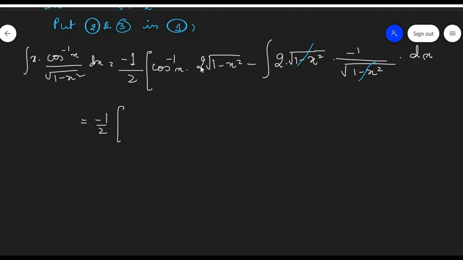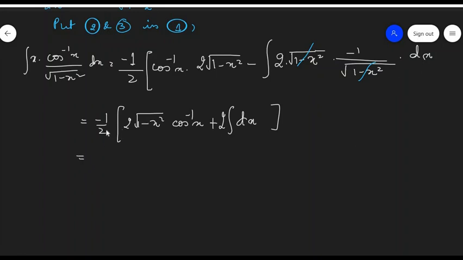This term I can write as 2 square root of 1 minus x square cos inverse x minus integration of 2, let me write outside integration. So here I have just minus 1. So this minus and this minus will become plus, and I'll be left with only dx.